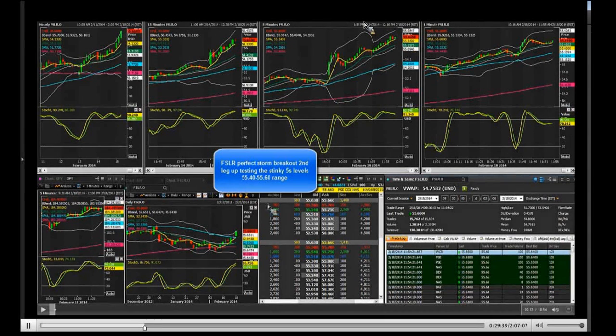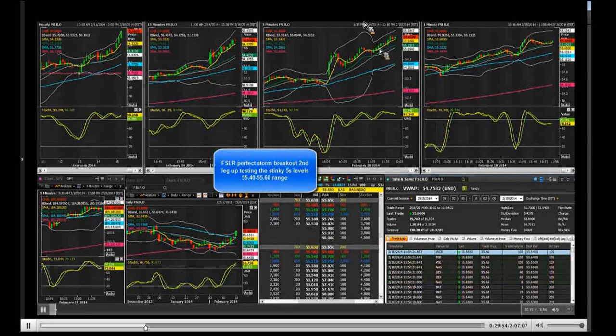So we've already formed a pup breakout and a perfect storm on the 54.60 breakout. Now we're watching as the 55.60 breakout is trying to form another perfect storm.